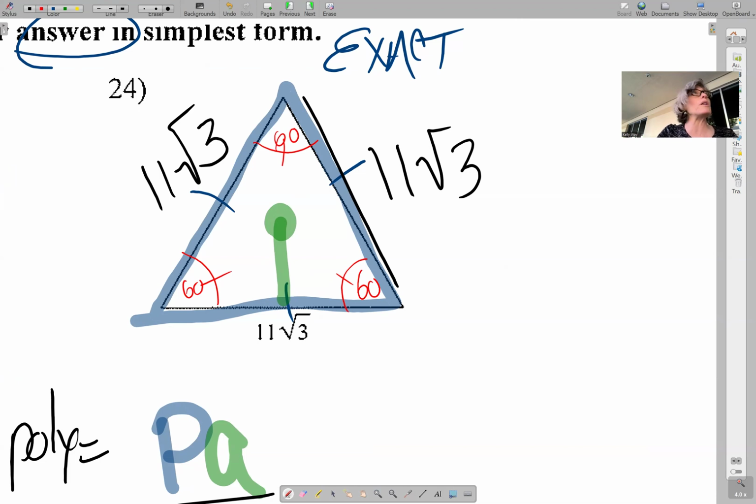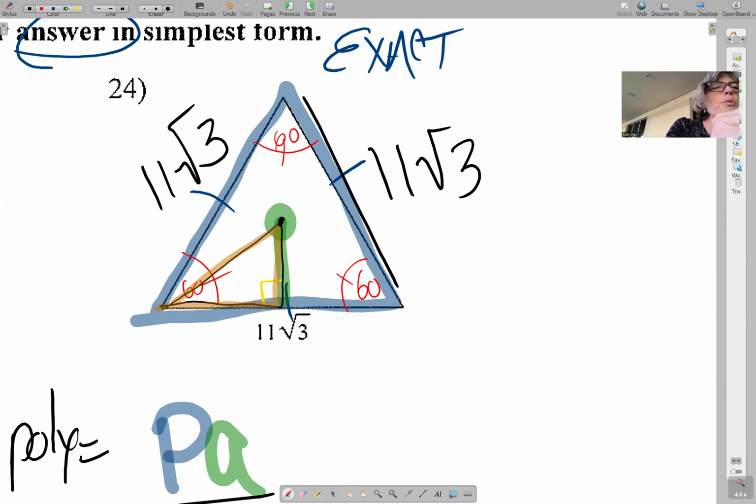And I need that green apothem. Keep in mind, an apothem has a right angle, which means you can make yourself a right triangle, but more specifically, a 30, 60, 90. Short leg, root 3, short leg times 2.